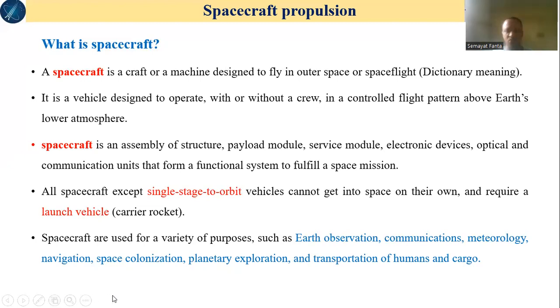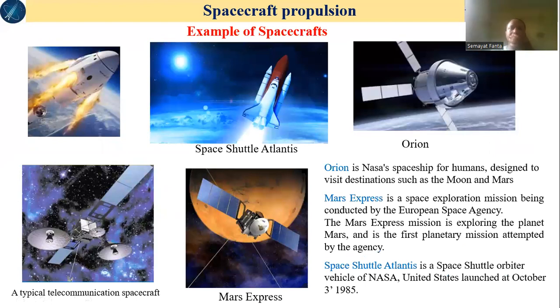So for these purposes, we use spacecraft. Some known spacecraft are the Space Shuttle Atlantis and Orion. There are also telecommunication spacecraft, and Mars exploration spacecraft are some of the best examples.